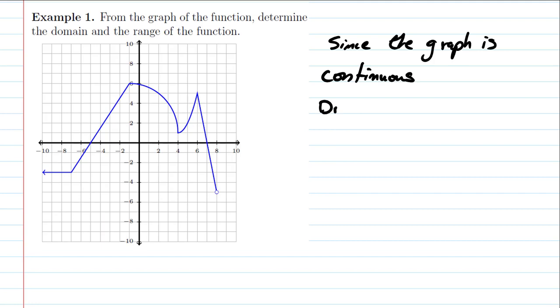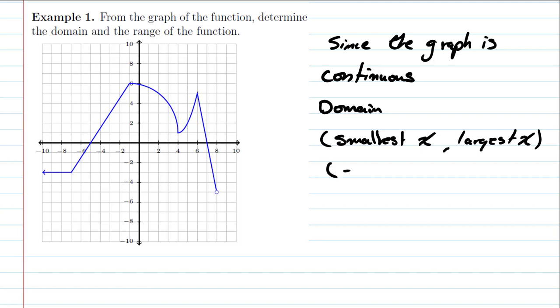our domain is going to be smallest x to largest x. So we have our arrow that points left forever, so our smallest x is going to be negative infinity, and then our graph stops right here at the point 8, negative 5.